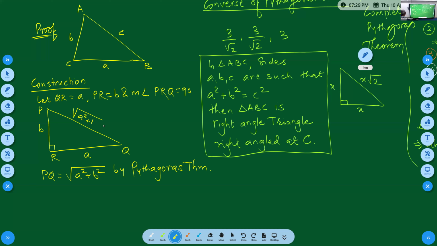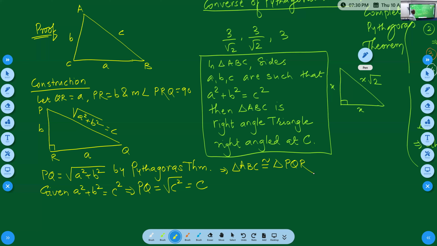However, a square plus b square is given, a square plus b square is equal to c square. Therefore, PQ is equal to root c square, which is equal to c. Right? Therefore, triangle ABC is congruent with triangle PQR by SSS.